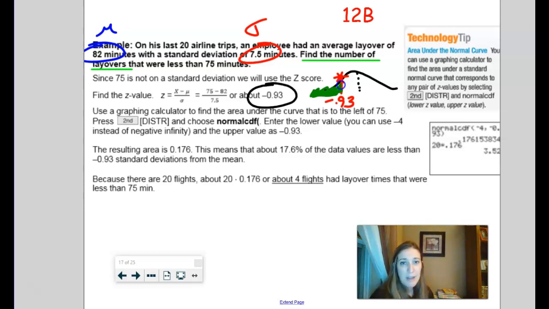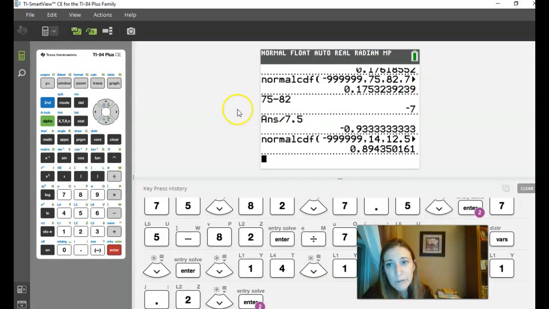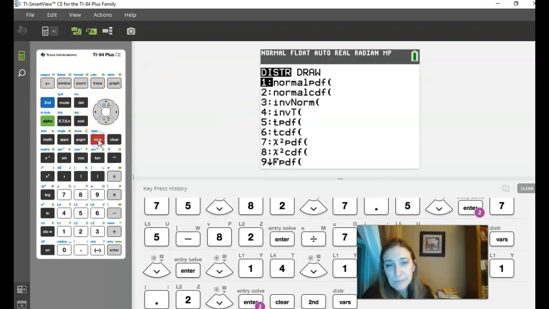So what they want us to do now is use our calculator, entering what's called the normal CDF, which is found in your distribution menu, the same place that you found binomial PDF last week. Hopefully you did that work. All right, so we go to second vars, and then there's 2 of them, so be careful. You want normal CDF for the accumulation of all of them.